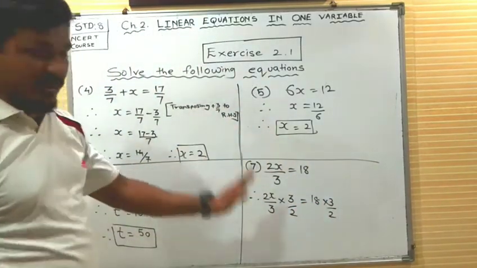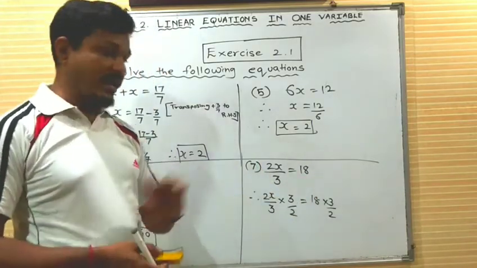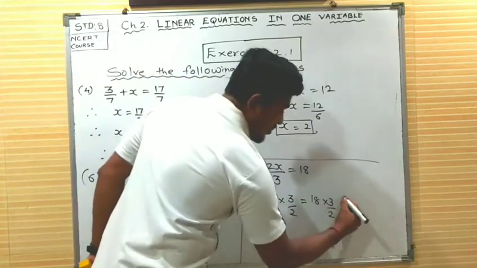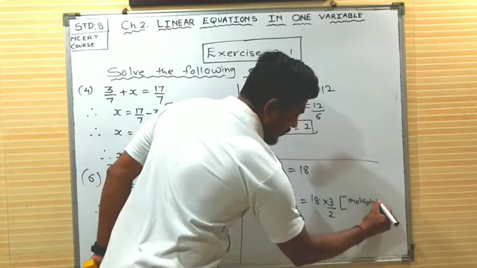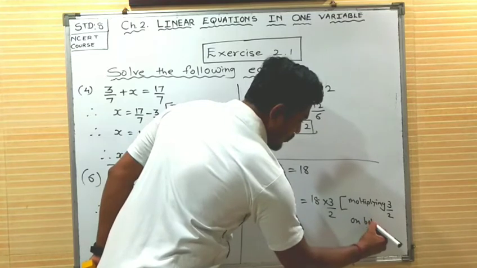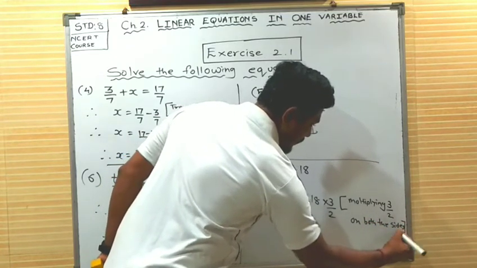Or if you are going with the transposition method, the 3 will come over here and 2 will come down. So direct cancellation also you can do. This is another method. So you have to write multiplying 3 by 2 on both the sides.